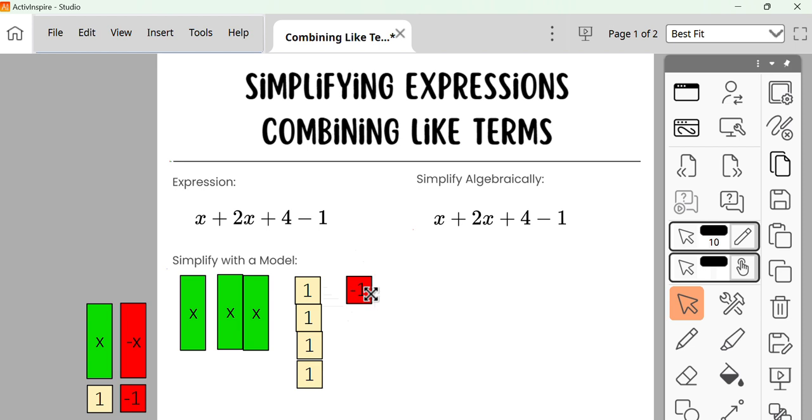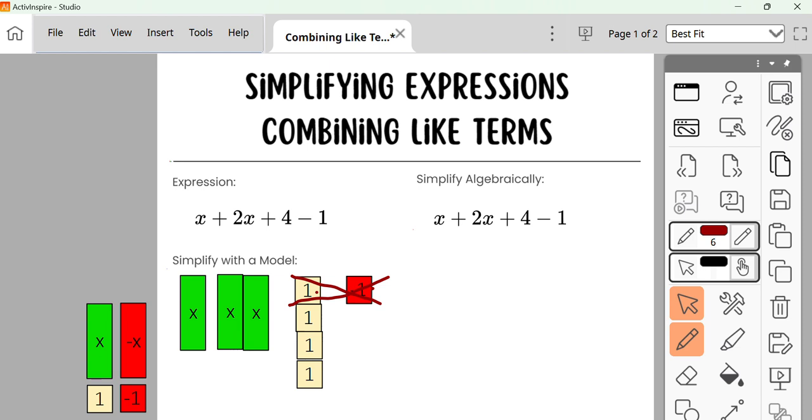Now, the way we're going to simplify it with a model is to mark out anything that's opposite, okay? Well, there's an x, an x, and an x. There are no negative x's, so those have to all stay. But when you look here, we have a 1 and a negative 1, which means that when you put them together, 1 minus 1 is 0.